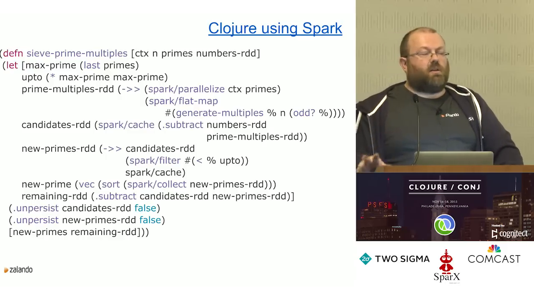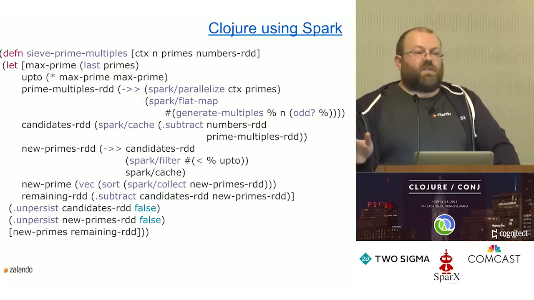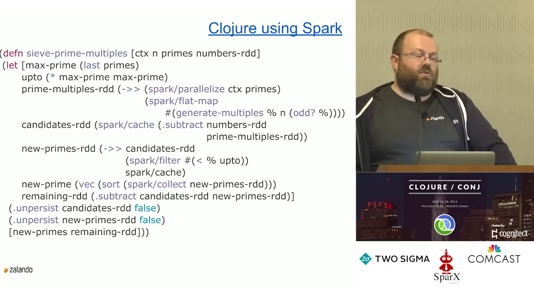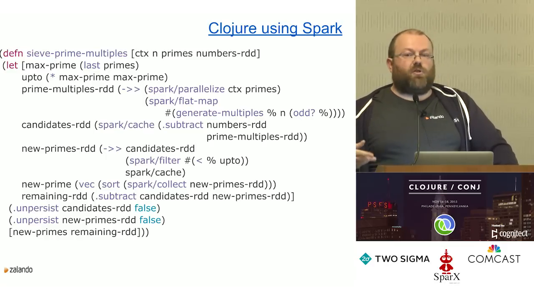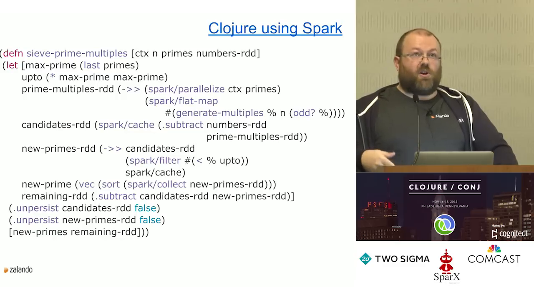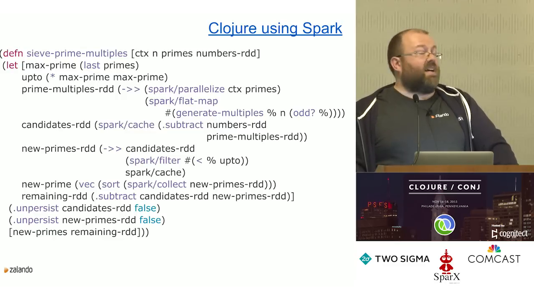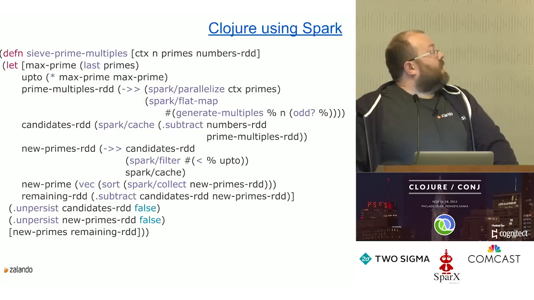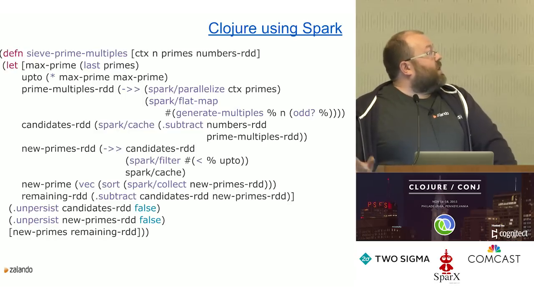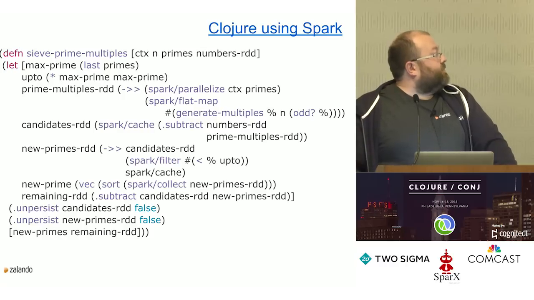So you just need to be a little bit aware of caching results or not. In a lot of code, you'll see cache and unpersist littered throughout. But basically, if you're using the results of an RDD more than once, you probably want to cache it. So then our new primes RDD is we take the candidates, we filter out all the ones up to the one we needed, and we cache that.